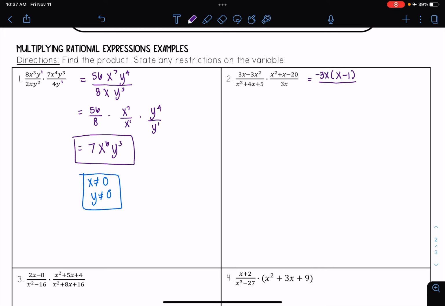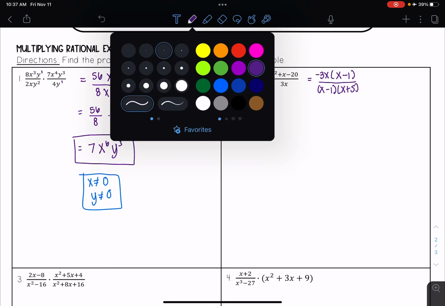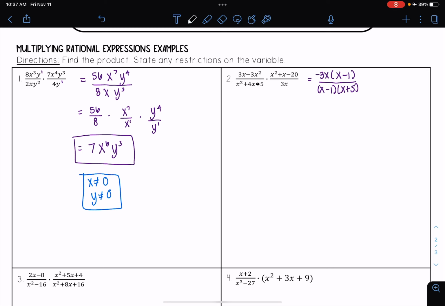And then when I factor the bottom, I have x minus 1 times x plus 5, because this really should have said minus 5 here, which I'll have corrected for you on your notes. Times x squared plus x minus 20. I want to factor that, so I'm looking for two numbers that multiply to negative 20 but add to 1, and that's going to be x plus 5 and x minus 4, over 3x.